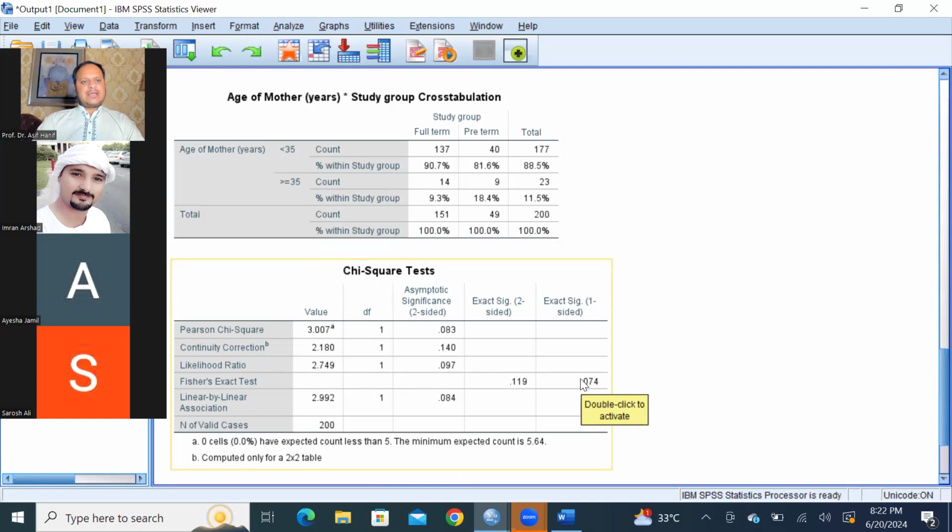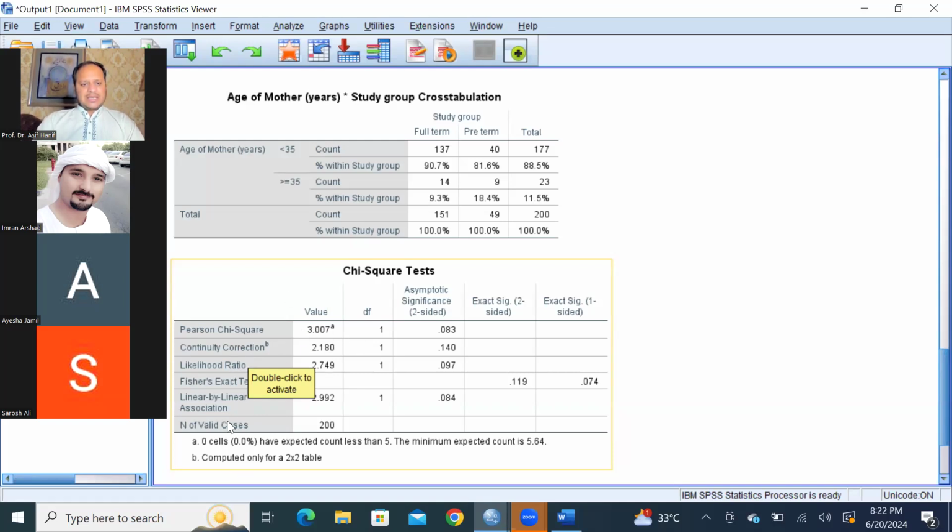SPSS is wise enough. It will give you the output of the chi-square test, and under it, it is giving you the Fisher exact test. There are other tests too, but we will not discuss those again. We will have another session about linear by linear association, continuity correction, likelihood ratio. We can see them later.